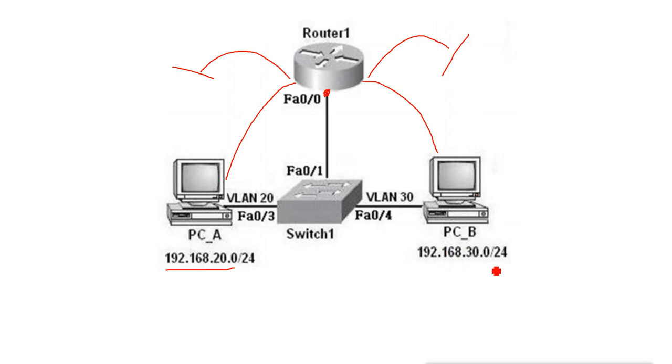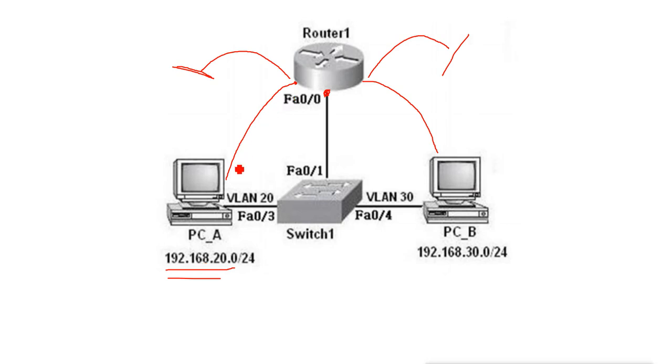So what happens when you try to ping from PC A to PC B? PC A will check whether the destination is on the same network as itself or a different network. If the network is different, it will send the data to the router. It knows the MAC address of the router and the IP address of the gateway, which is the IP of this logical interface, so it sends the data to that interface.